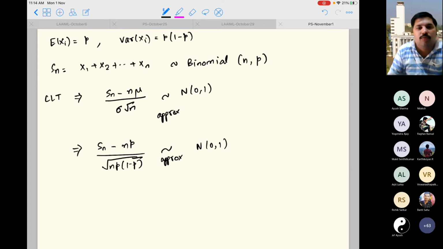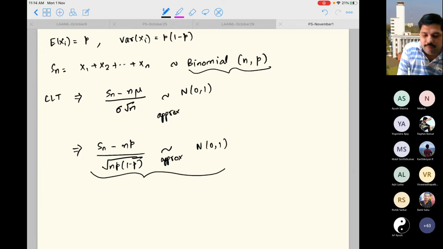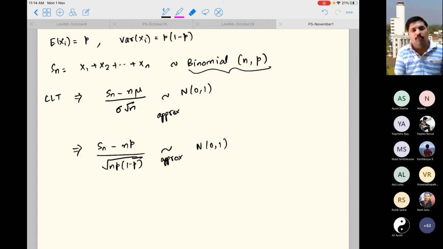I already know that Sn follows binomial n, p. But what I'm getting from the central limit theorem is that this particular random variable, Sn minus np divided by root of npq, or root of np(1 minus p), approximately follows normal 0, 1.